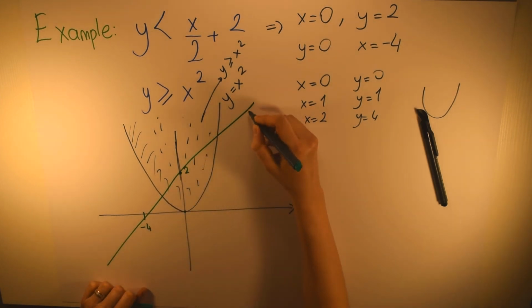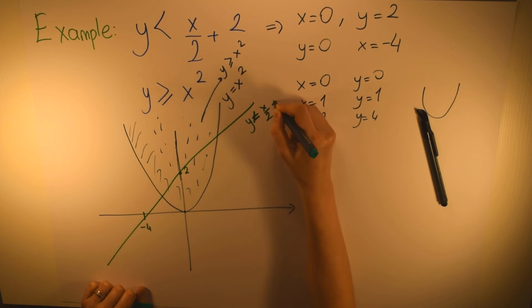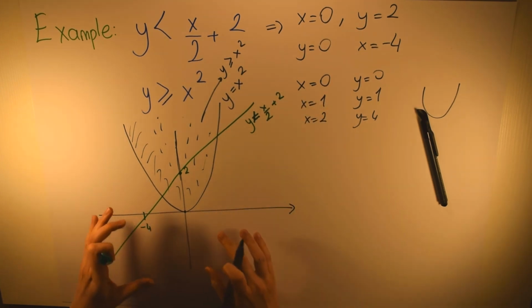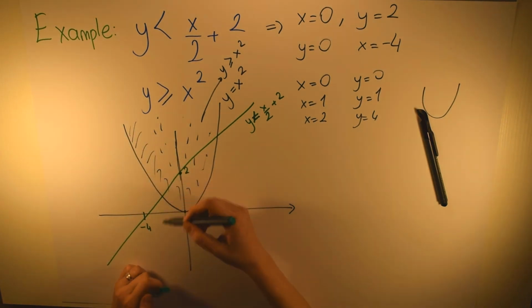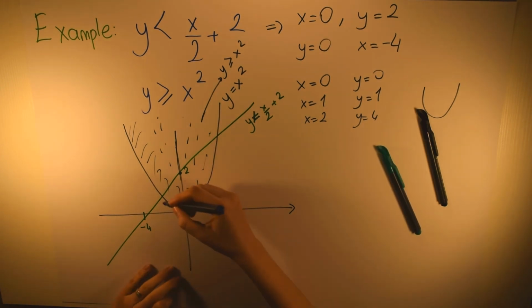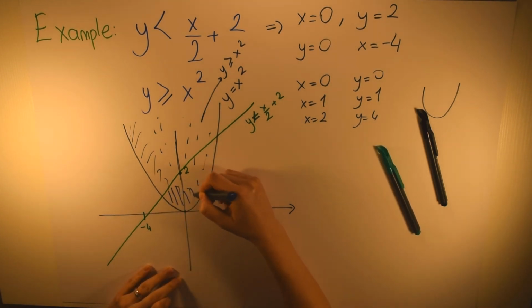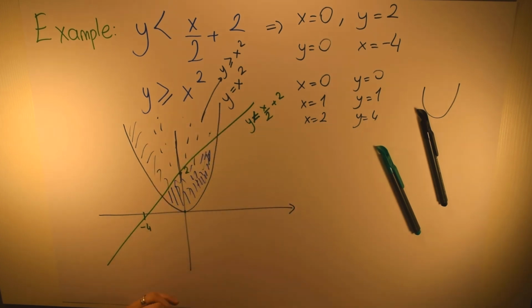Okay, so this is your first linear inequality. Actually this is y is equal to x over 2 plus 2, but the common part of these two is here. So the answer to this example is this part. So this is the graph you need to draw.